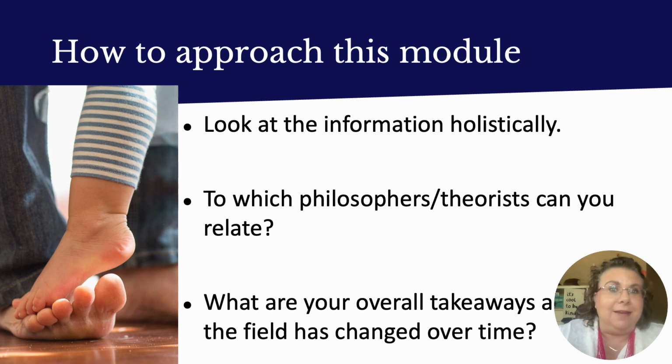It's okay if some of the theorists or philosophers do not match the way that you think of education or early childhood. They don't have to match you. And as you're going through it, I want you to write down what are your takeaways from each of these elements.